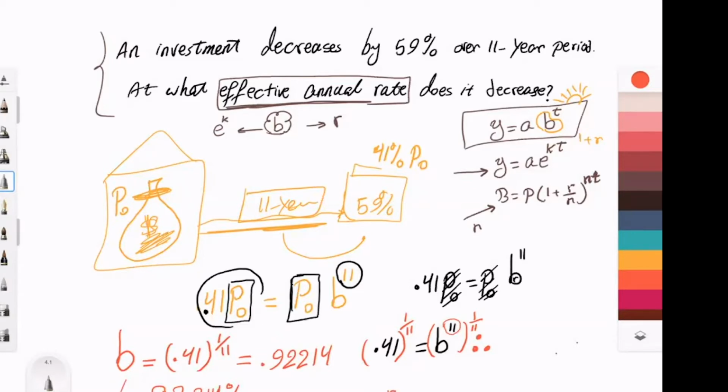What is R? R will be 0.078786, which is approximately 7.786%.